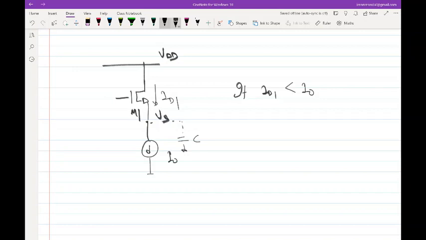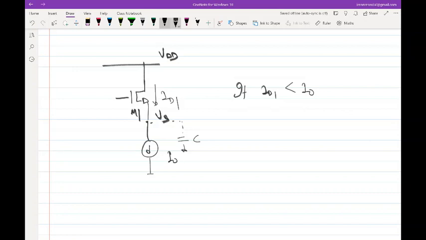So Vs should decrease. If Vs decreases, it auto biases, but I don't want to rely only on changing Vs. I want to change gate voltage, right? So what should I do to the gate? I should increase the gate.